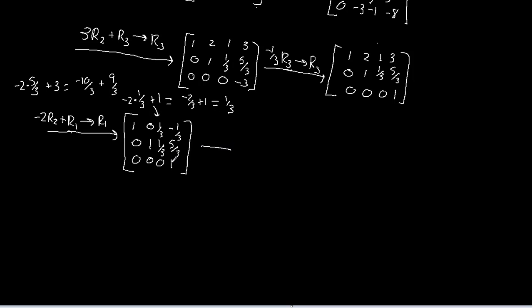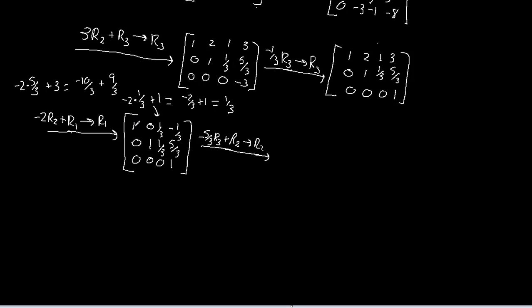So where do we go from here? Well, we have this leading one right here. We need to get rid of this number. We need to make this a 0, and we need to make this a 0. Well, how do we make this a 0? Right, we multiply this by -5/3. So if we do -5/3 R3 plus R2 going into R2, okay, right?